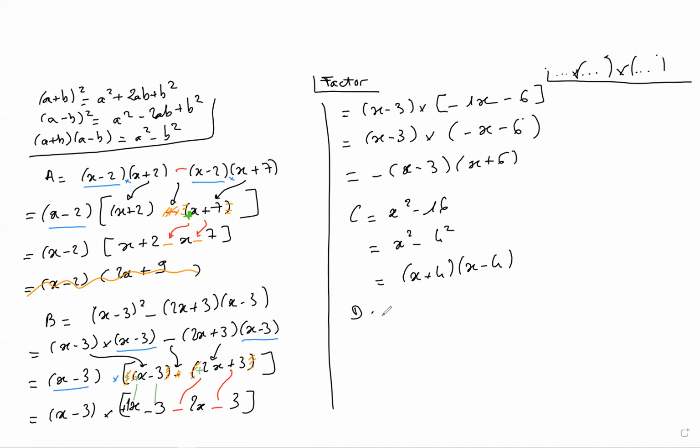Same thing if you have something like 9x squared minus 30x plus 25. This is 3x squared minus 2 times 3x times 5, plus 5 squared. So you recognize the second formula, and you're supposed to recognize it really, and to know that it's 3x minus 5 squared. So this is how to factor an expression.